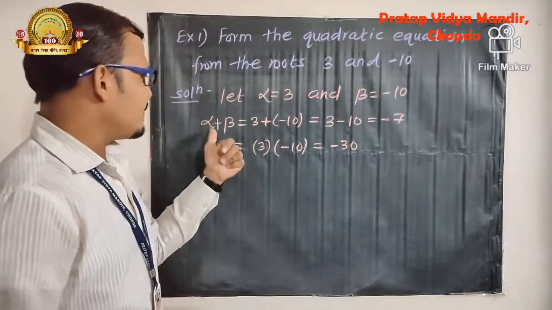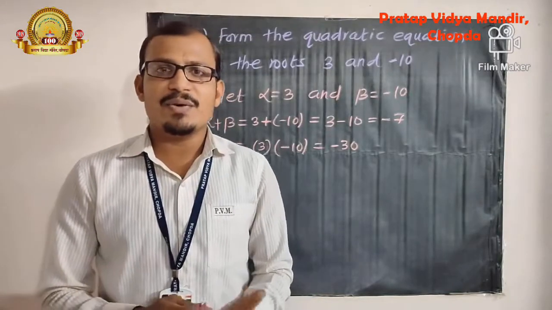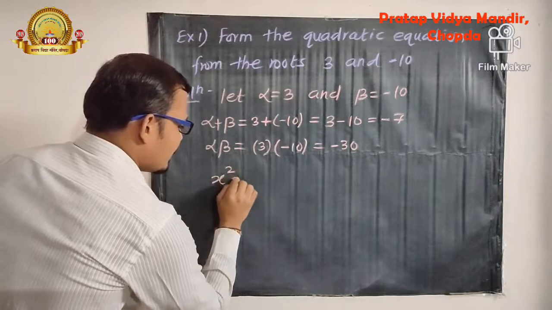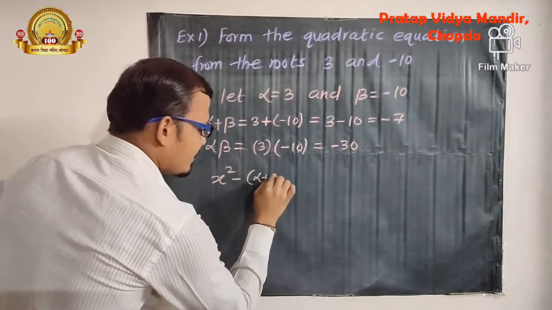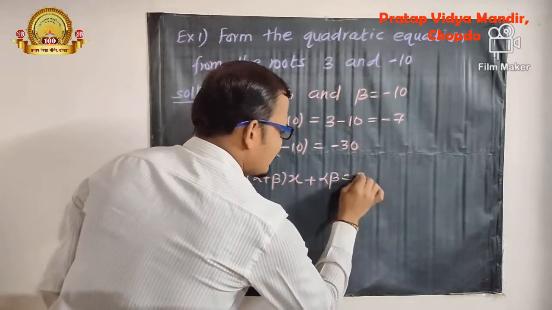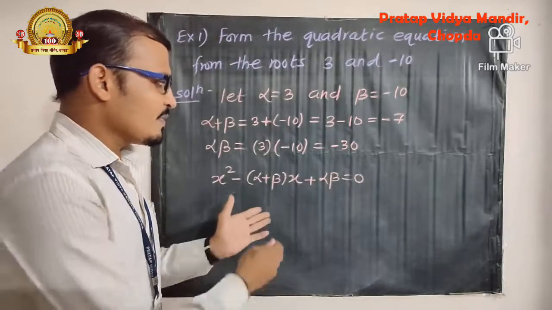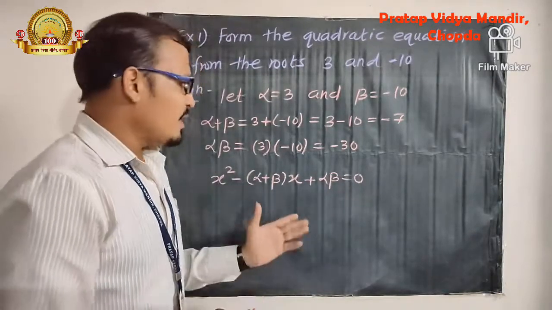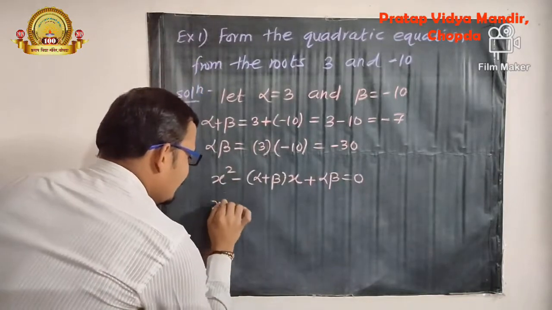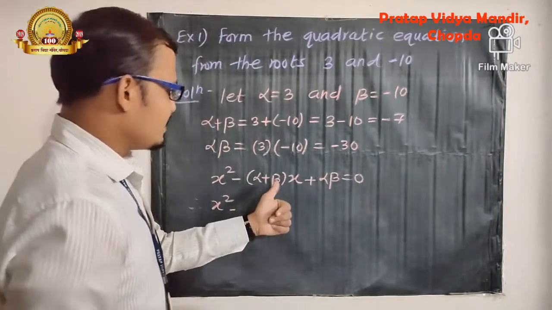Now here we get the value of alpha plus beta and alpha into beta. Now what is our required quadratic equation? Our required quadratic equation is x square minus in bracket alpha plus beta into x plus alpha into beta is equal to 0. Now we have to just put these two values in this equation and we get our required quadratic equation. So let us put this value. Therefore we get x square minus, what is the value of alpha plus beta?